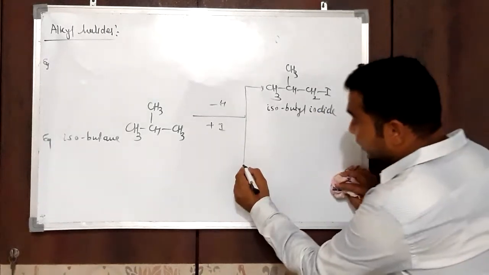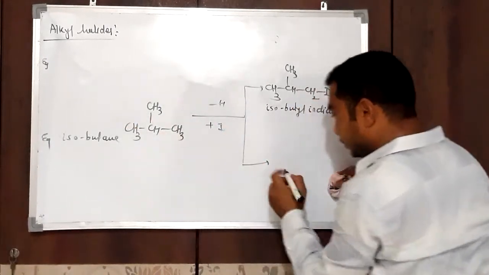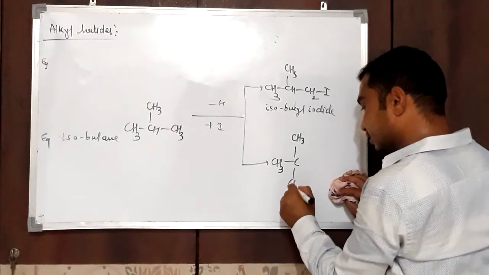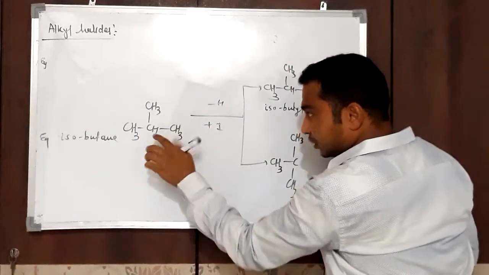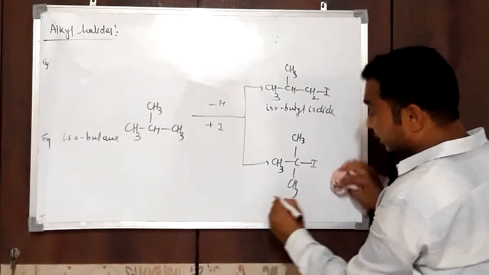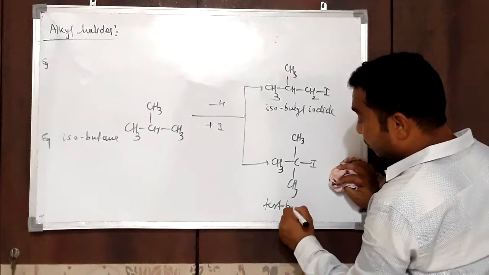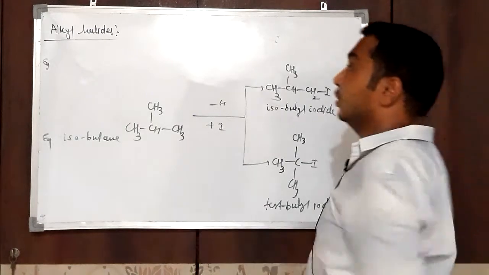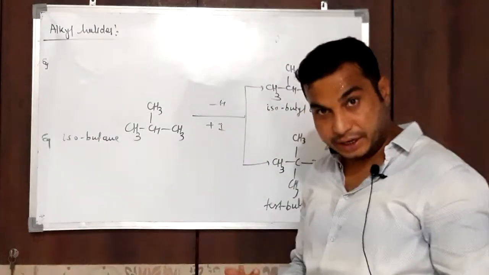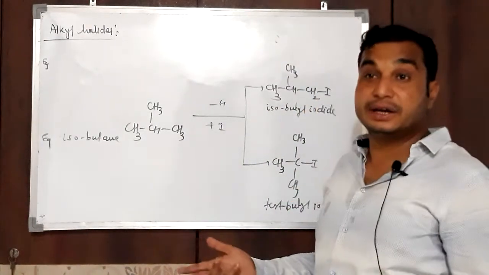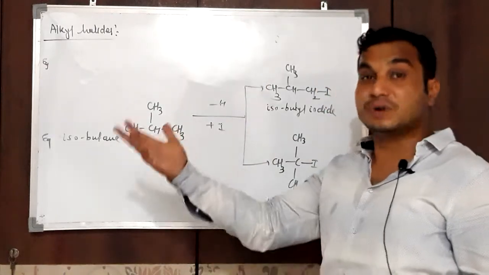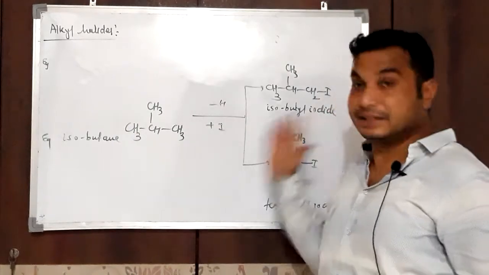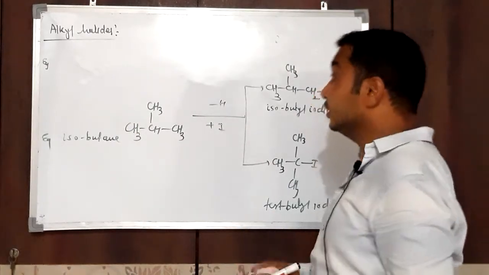And if I replace hydrogen from this carbon atom CH, then CH3 CH3 CH3, replace this hydrogen by iodine, then this is tertiary butyl iodide. So these are the different examples of alkyl halide. We can take pentane, N-pentane, isopentane, neopentane, and from that pentane replace one hydrogen atom by any halogen atom, then the resulting compound is like this. So these are the examples.